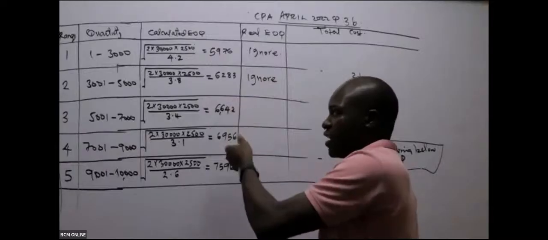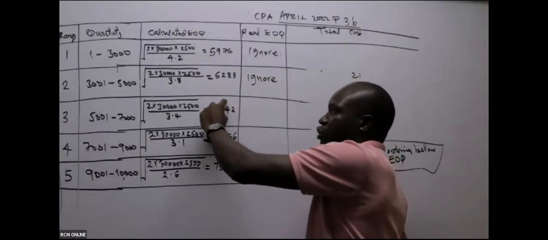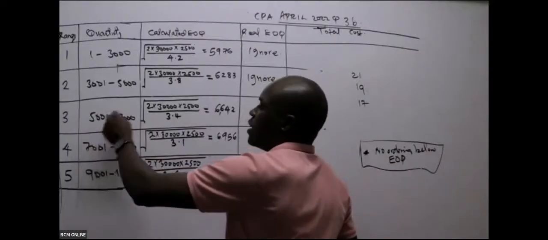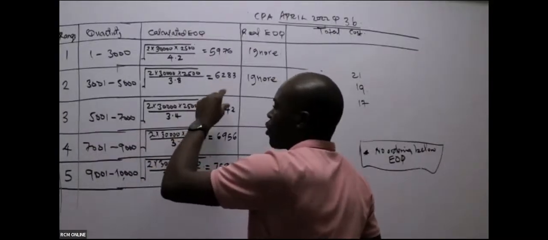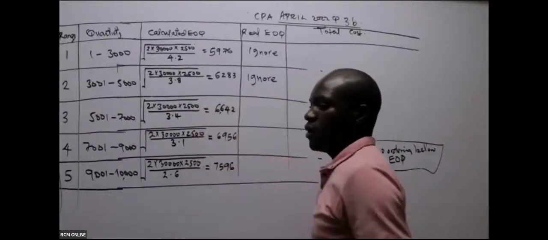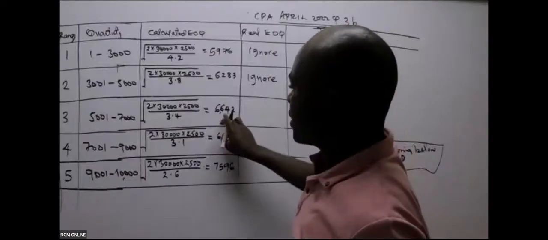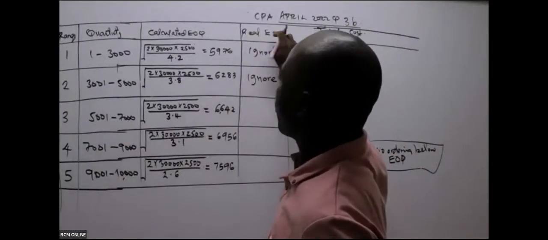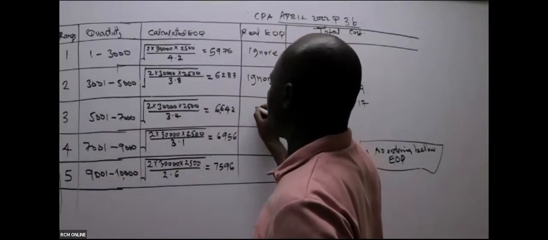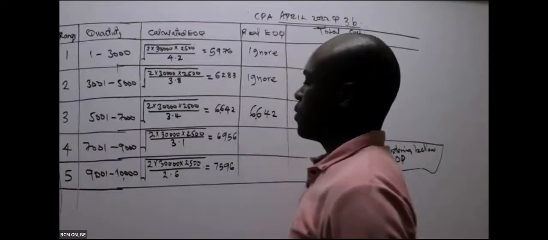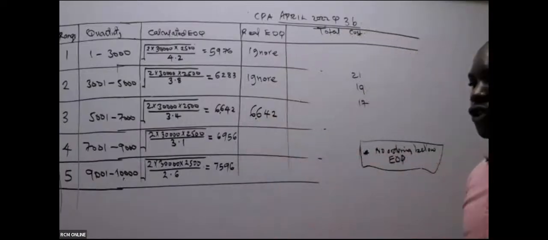Should you find that the calculated economic order quantity falls within the range given here, then this will be the real economic order quantity. Just go ahead and order the economic order quantity. Now that 6,642 is falling within this range, our real economic order quantity will be 6,642.